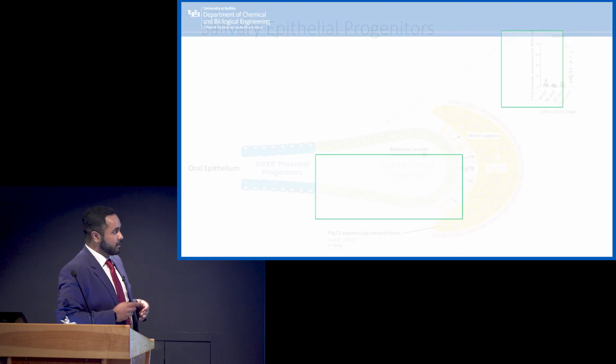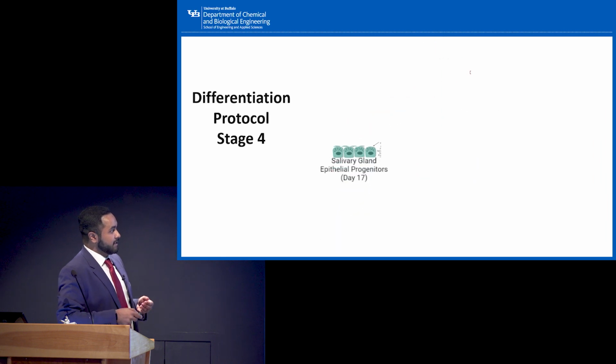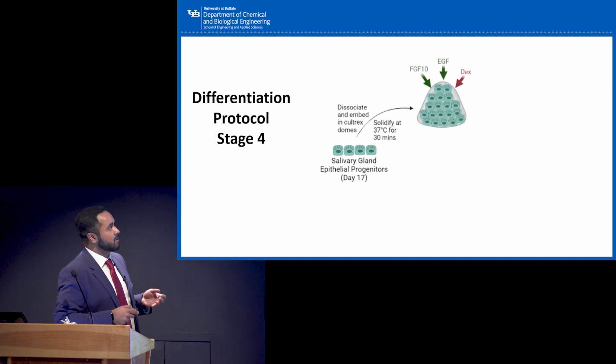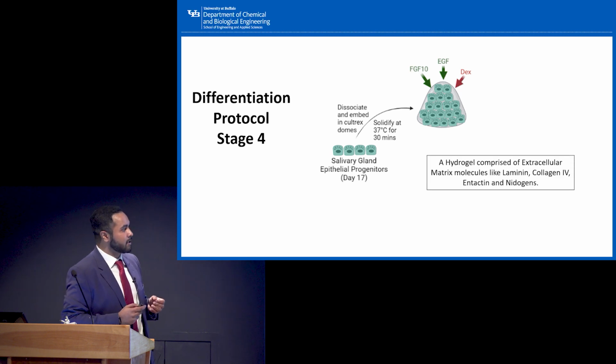So how do we do that? Now that we have these SOX9 cells, we want to transform them into a SOX10 population of cells. We do that by taking these two-dimensional cultures and embedding the cells in a dome made out of Cultrex. Cultrex is a hydrogel which is comprised of extracellular matrix molecules like laminin, collagen, entactin, and nidogens.